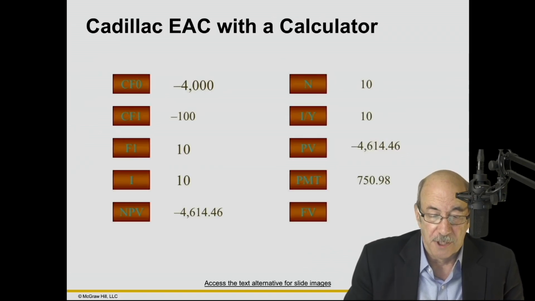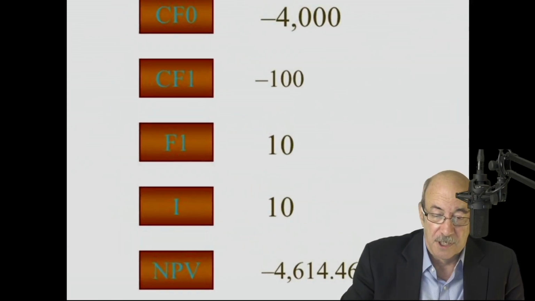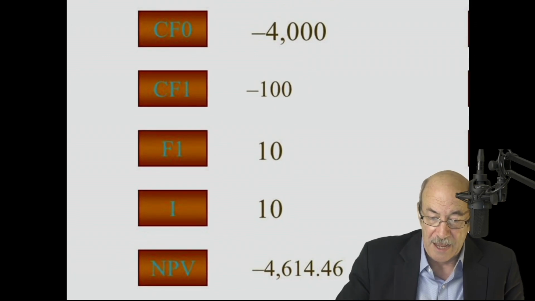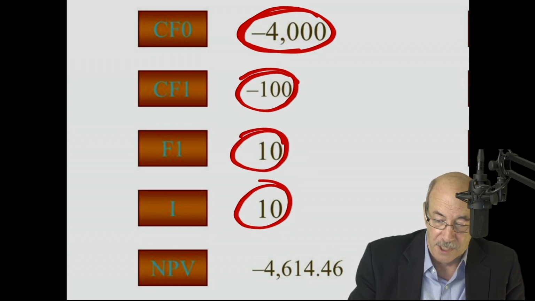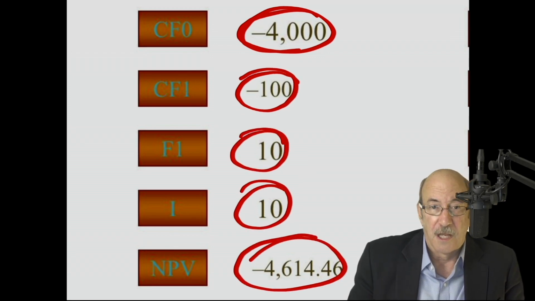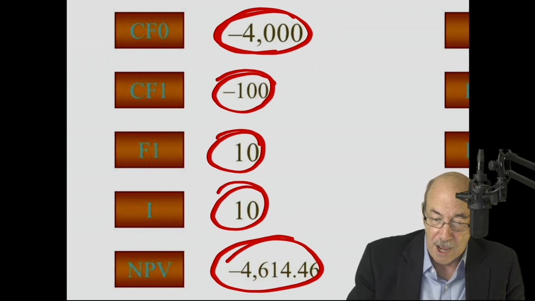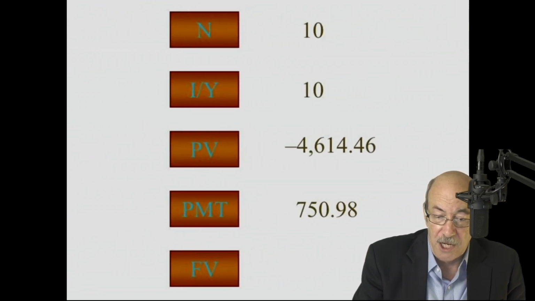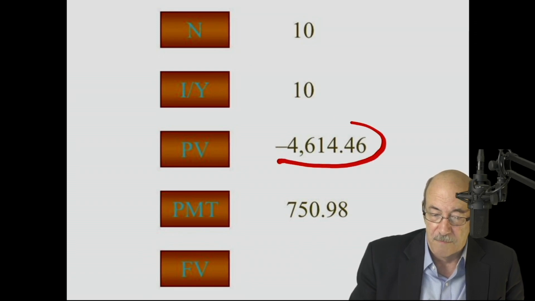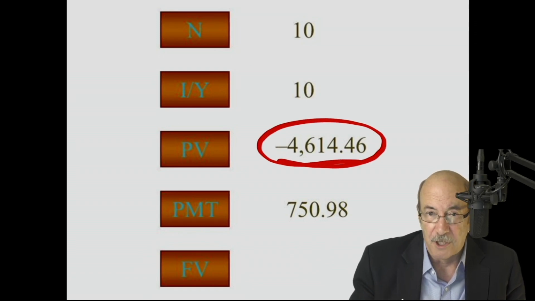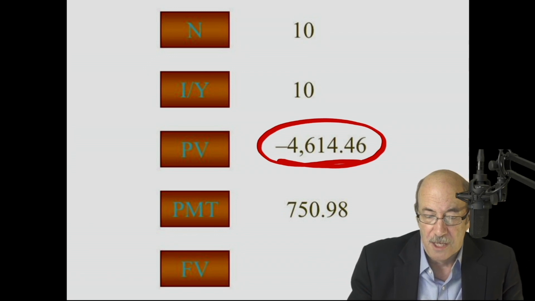So how do you do this? Here's the example. I have this initial cash flow. I have all of these other cash flows, and I get my NPV out of that. Now I shift over here, and I say, let me take that NPV, well, PV really, and plug it in here, that negative 4614.